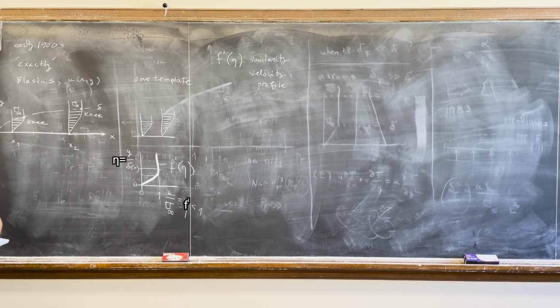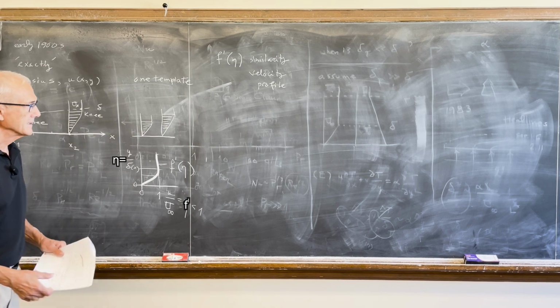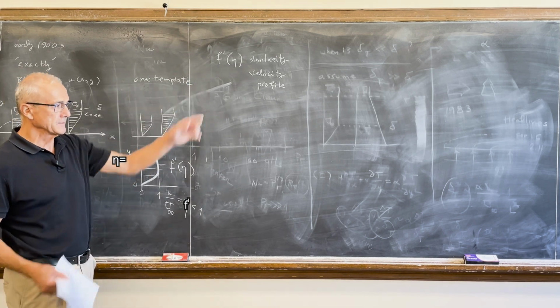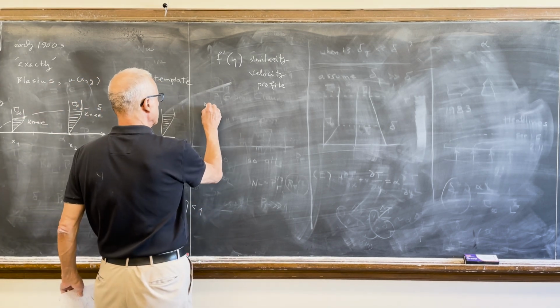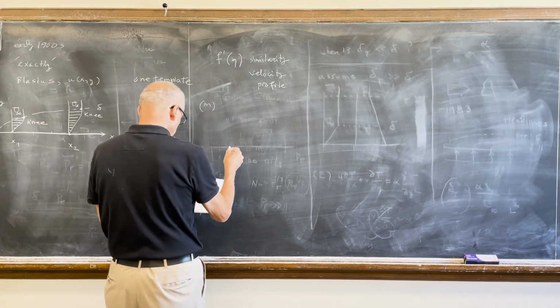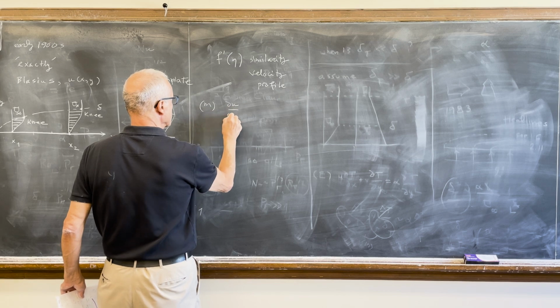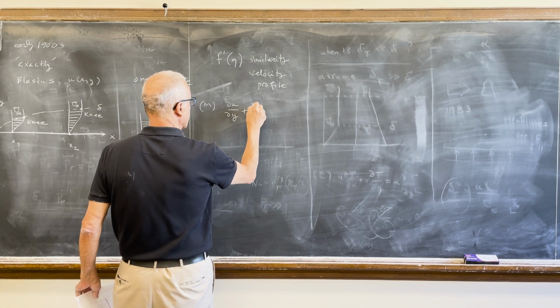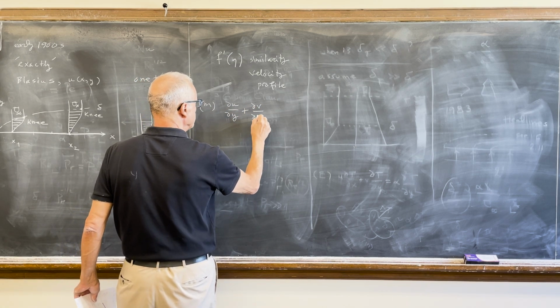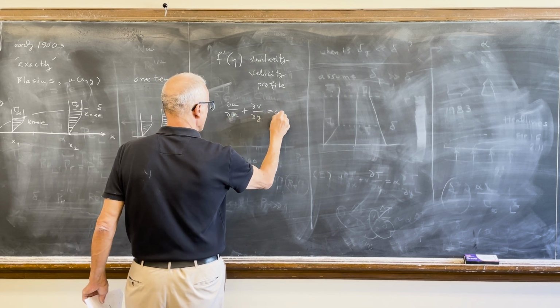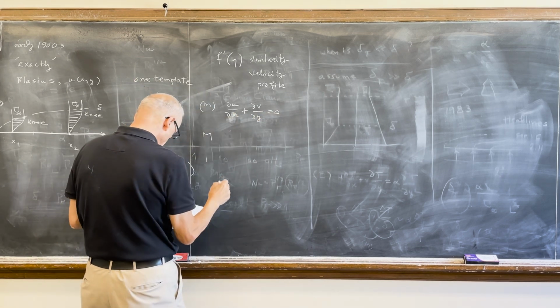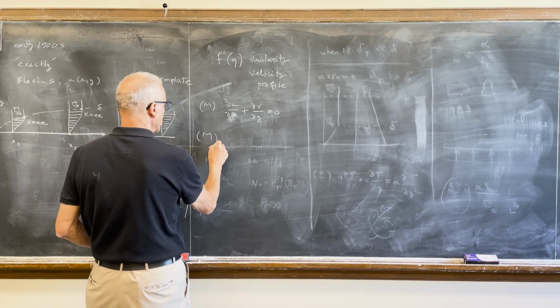Okay, so what do we do now? Armed with this kind of new notation, we go to the two equations that we've solved already, namely mass conservation and momentum, and momentum in the boundary layer region.